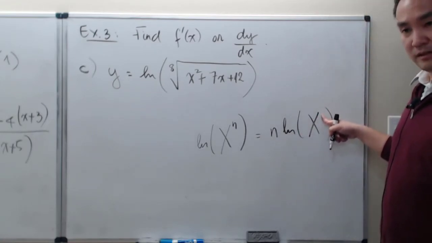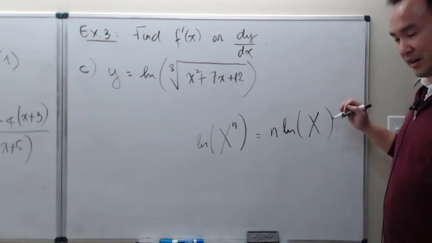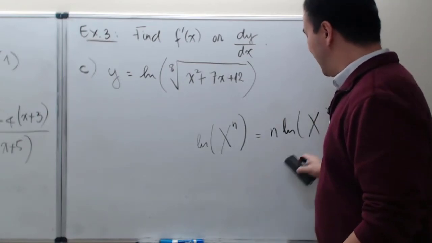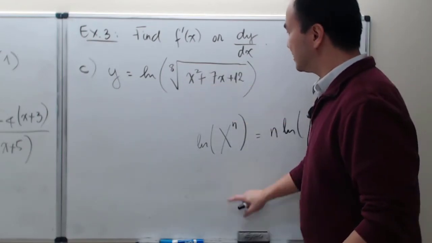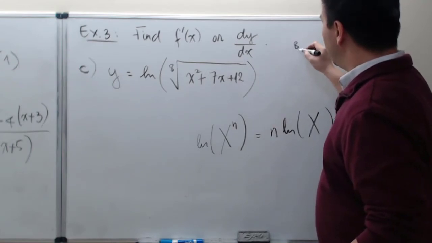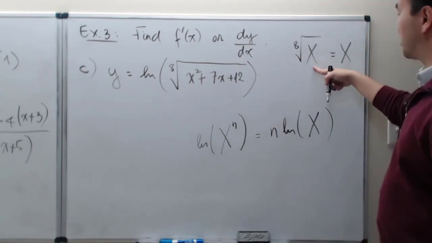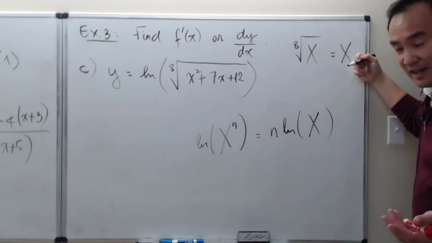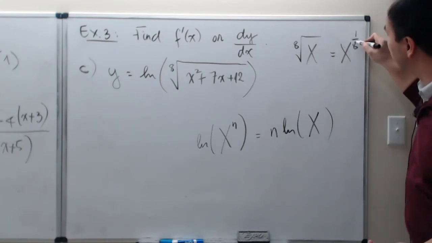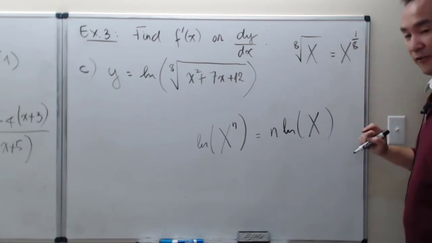Always. But how is that useful here? Because the 8th root of any expression is algebraically the same as the 1 over 8 power. So there's a power form there.